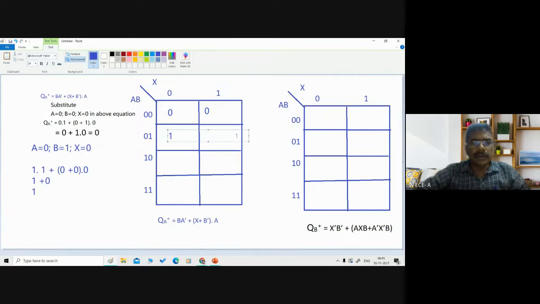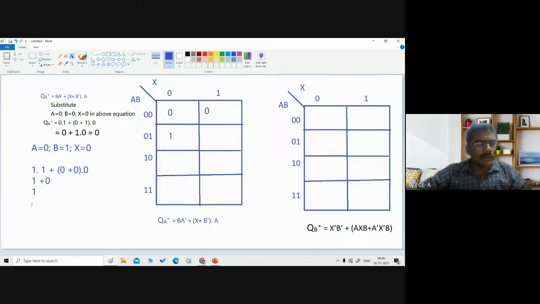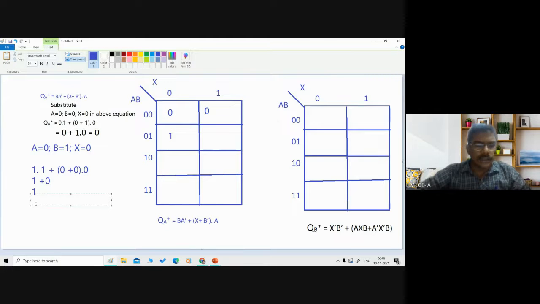For the next case I will put X equal to 1, so you can check the value. X equal to 1 means, in this case, the same 1 into 1 plus, the only change is X value.